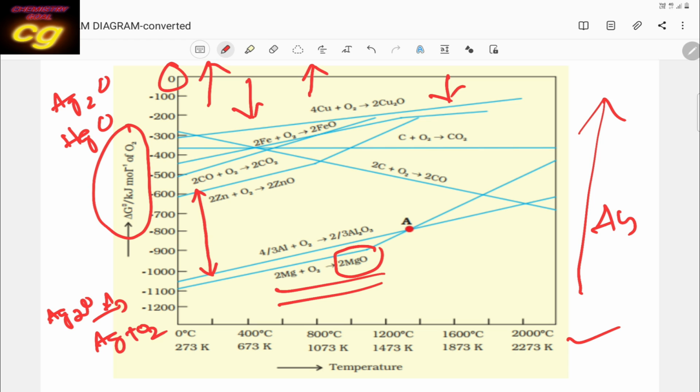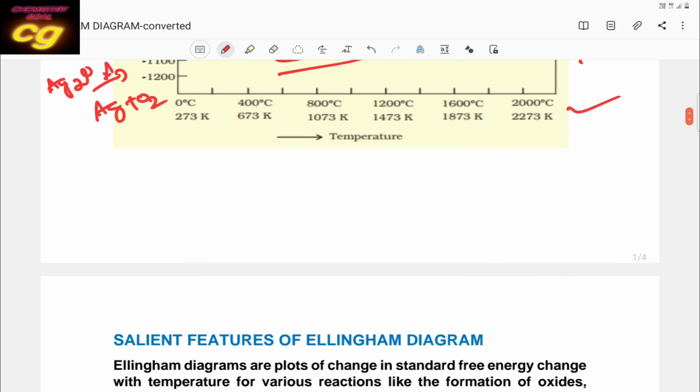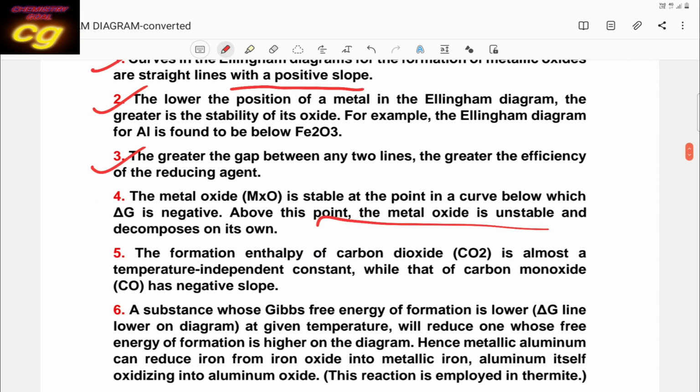That means the oxides whose graph is above the zero axis are unstable, and the oxides below the zero axis, that is, with negative del G value, are more stable. So these are the features. We can know which oxide is stable and which oxide is unstable. So this is the fourth point.